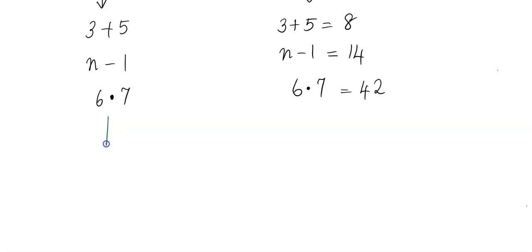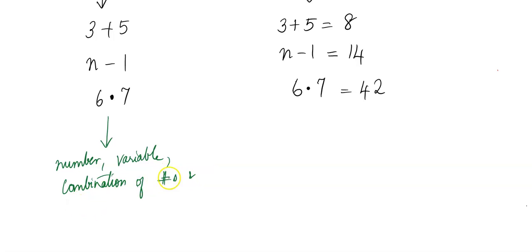So by way of defining it, I can say that an expression could be a number, a variable, like we saw, we used the n, right? Or a combination of the two, okay? So a combination of numbers and variables and operation symbols.